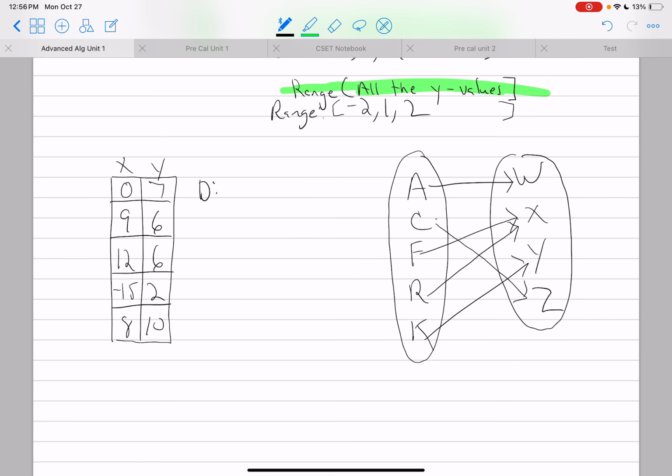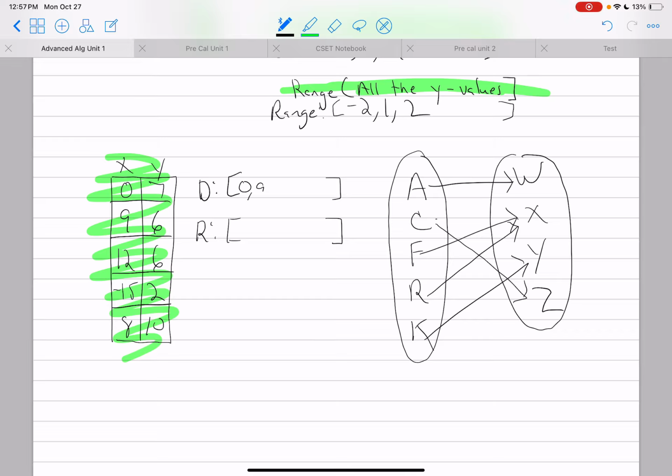Why don't you write down this table and tell me what you believe the domain is and what you believe the range is of this. And this is another discrete function. So cool, you did that and you were like, Bass, this is easy. Come on now. The domain is all my x values.